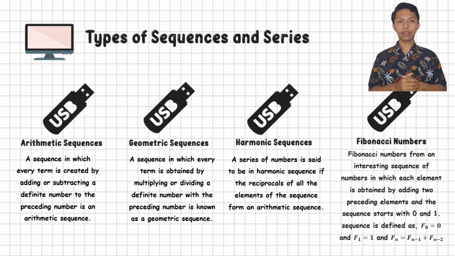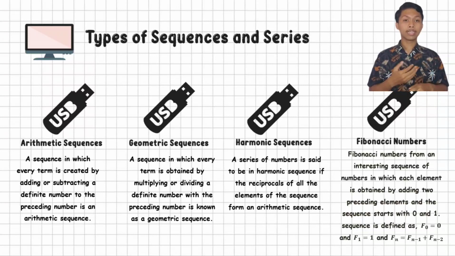First, the arithmetic sequence. An arithmetic sequence is a sequence in which every term is created by adding or subtracting an exact number to the previous number. Formulas and examples for this type we will discuss more fully after this topic.